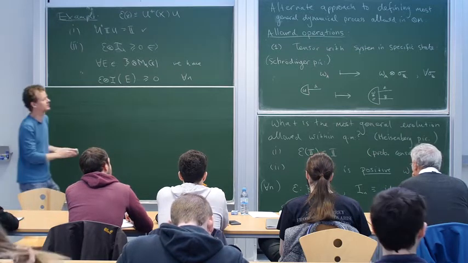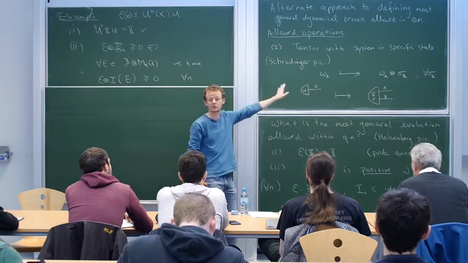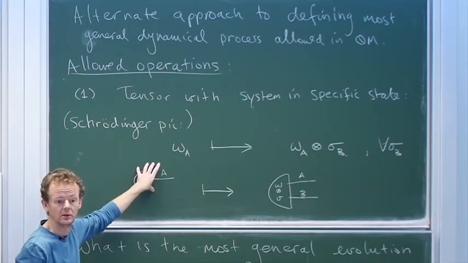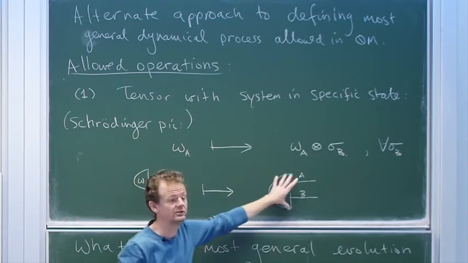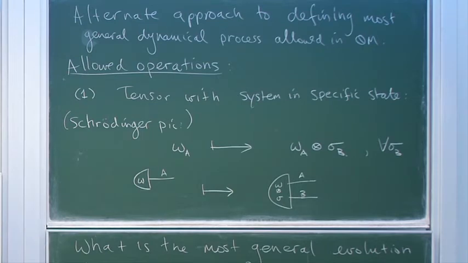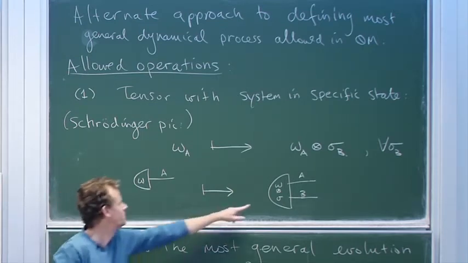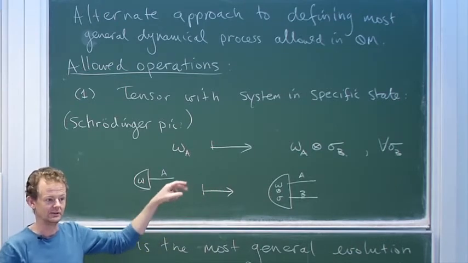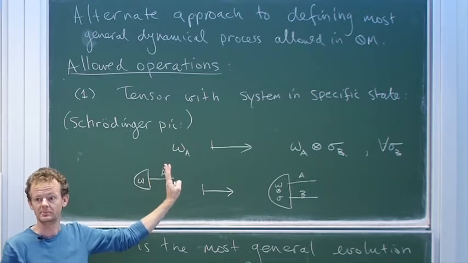As written there, this operation is not resulting from unitary dynamics, because you have a state of a smaller system being transformed to a state of a bigger system. So this is not unitary as written. It doesn't come from solving Schrödinger's equation. Of course, you can argue that system B was always there, and all I did is do nothing. That's one perspective you can take.